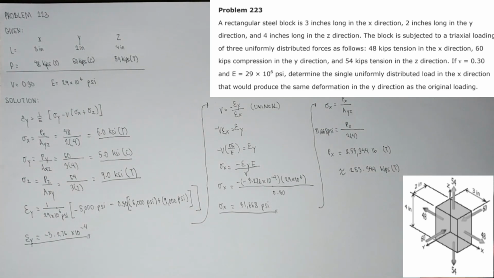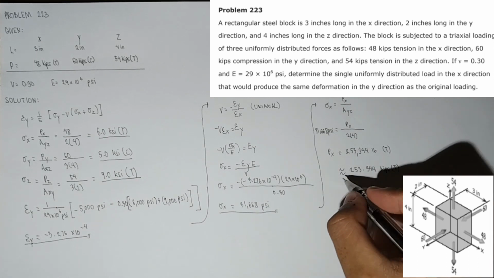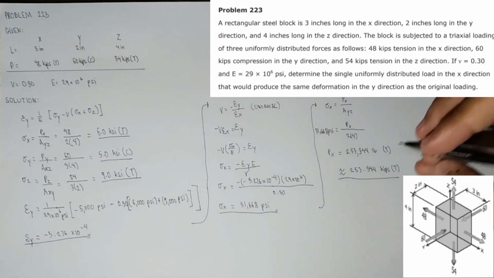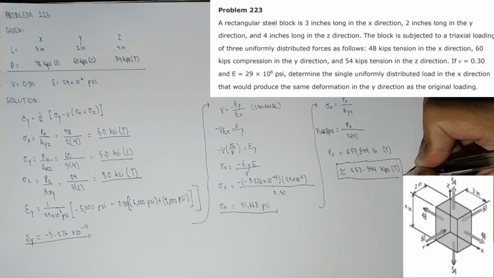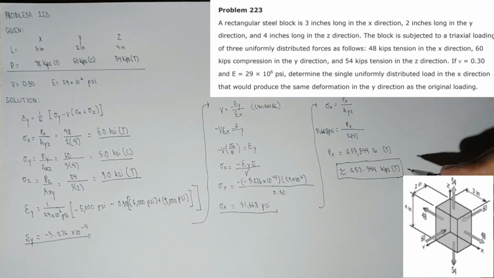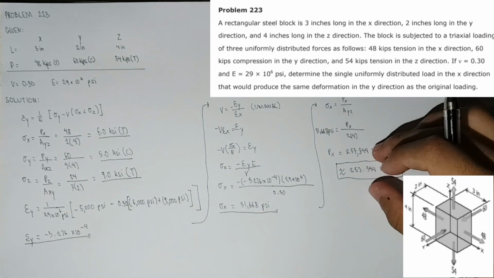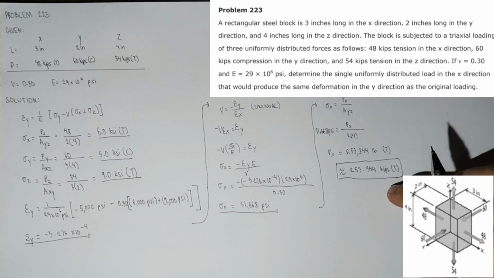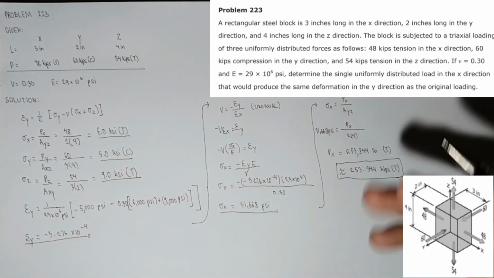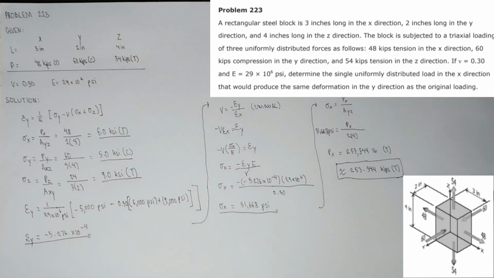So this is now our final answer, guys. We need 253.344 kips of force in the box, in the X direction, so that we will be producing the same deformation in the Y direction as the original loading.